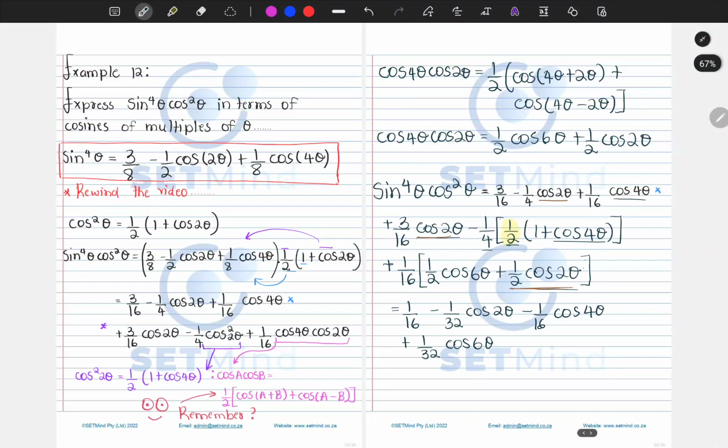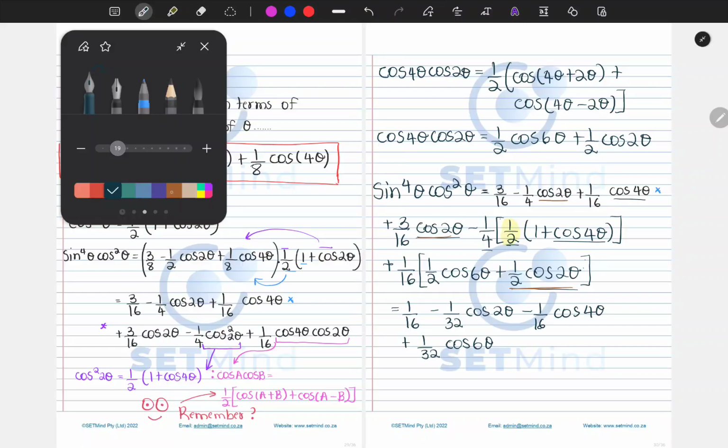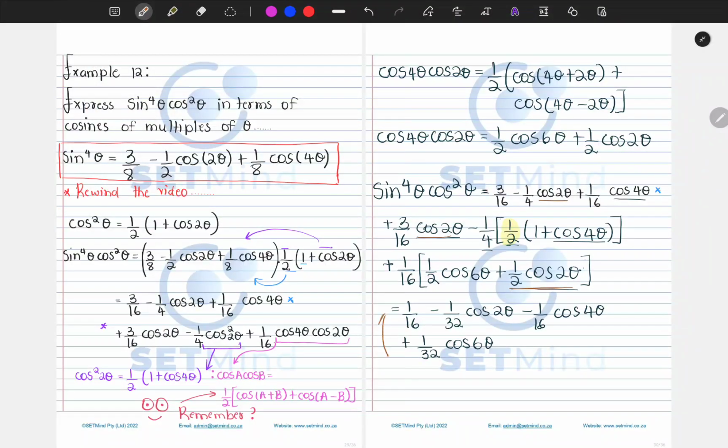So this is what our final answer amounts to. I hope this does make sense. This is the answer for sine to the power of 4 cos to the power of 2.